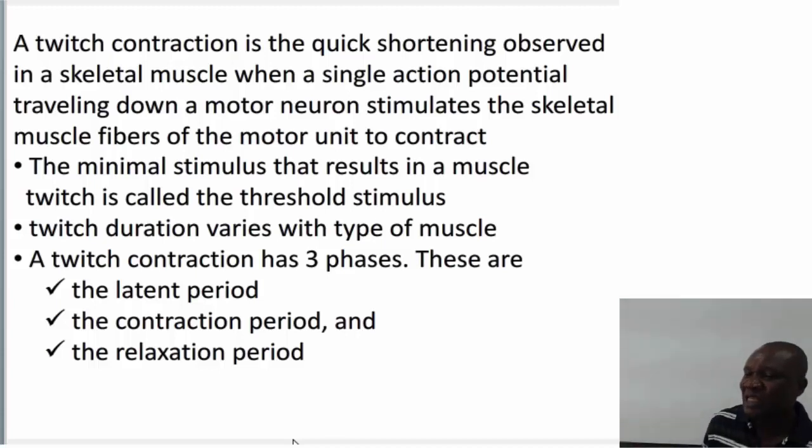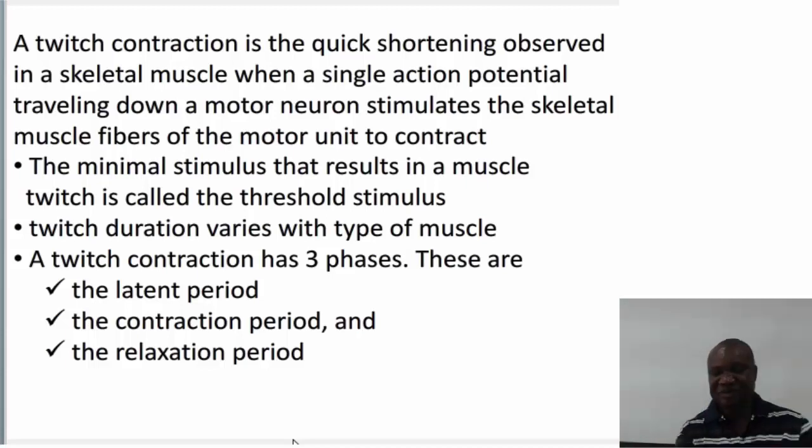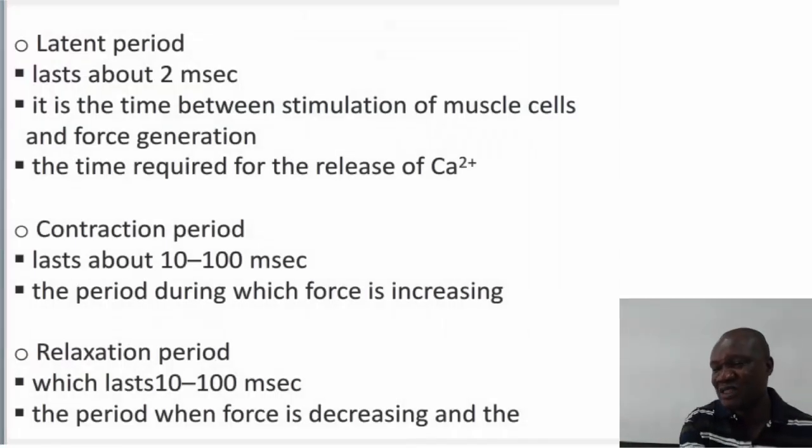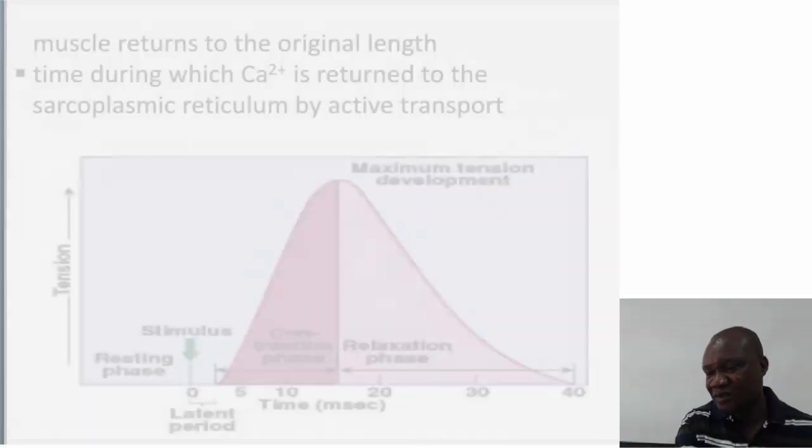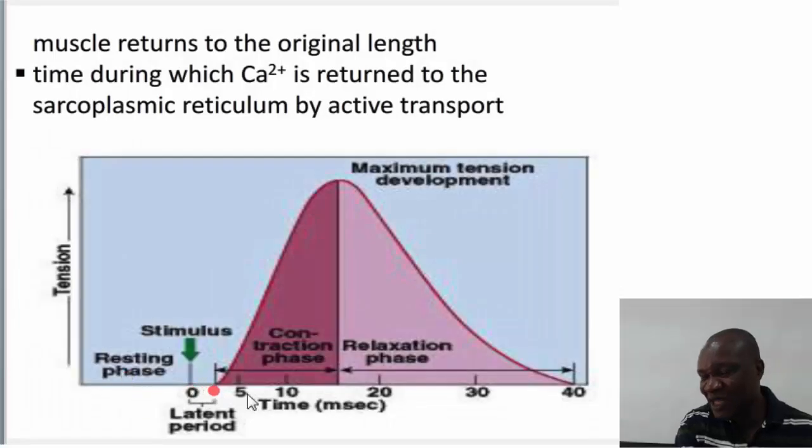If we take the motor unit and apply a single action potential, the twitch has three phases. There is the latent phase, which is the duration between the stimulation of the muscle and the beginning of contraction.